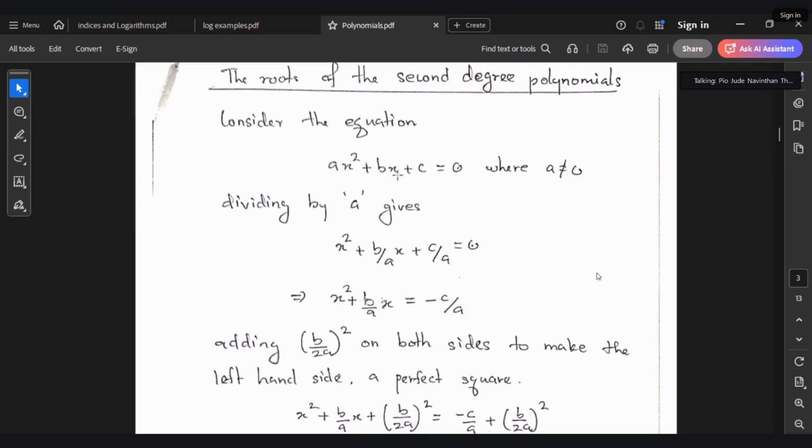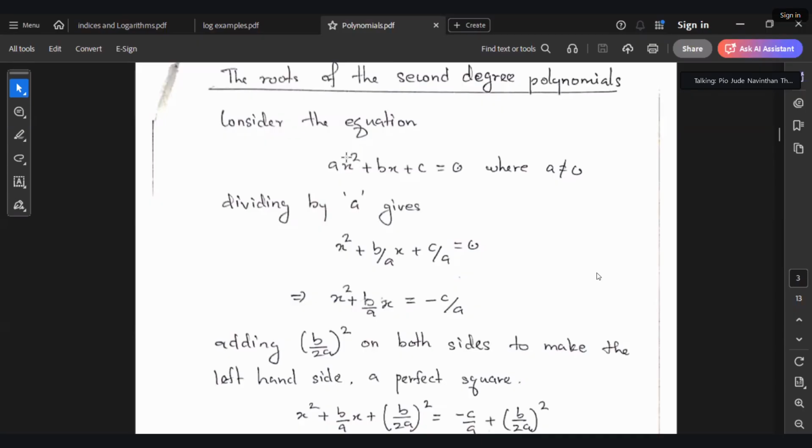Only we will have bx plus c, the linear function. This is the quadratic function. Not function, the quadratic equation, because the equal sign is there. So if we say a is equal to 0, this is a linear equation, right? So always a not equal to 0.